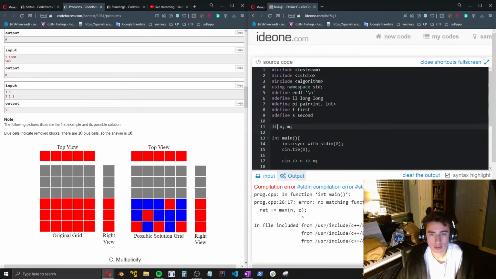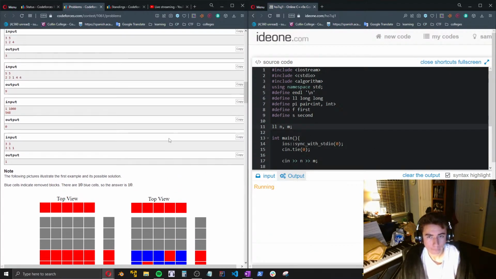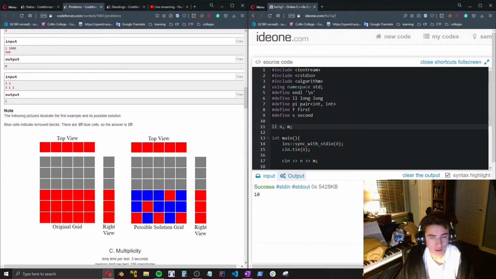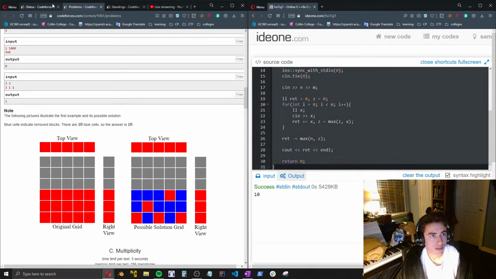Some type differences. Alright, this should work. Okay, yeah. So basically, we need at least n to go all the way across, and at least the max value, which is z, to go up. And then you can think of, we're making a diagonal, and then whichever one is greater, we have to add a few extras.